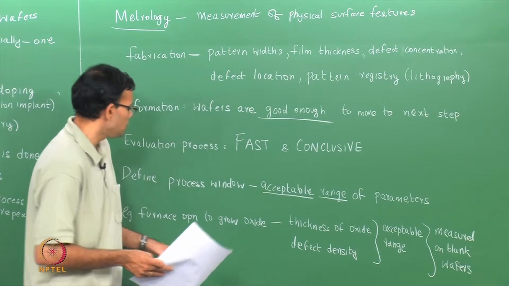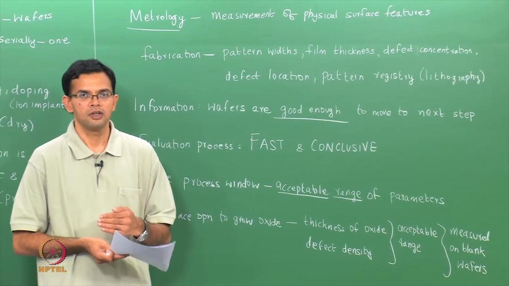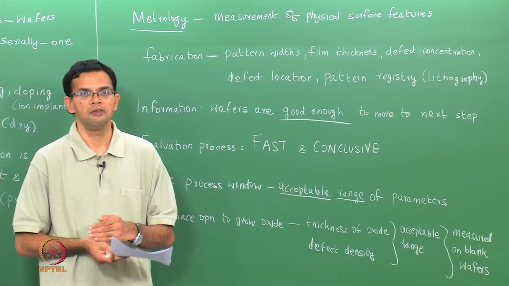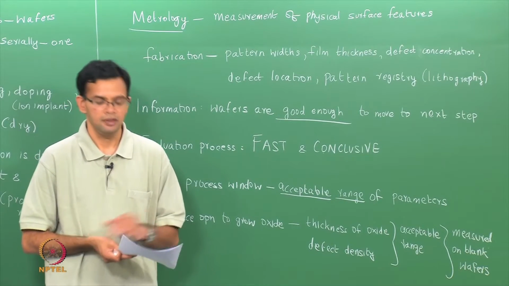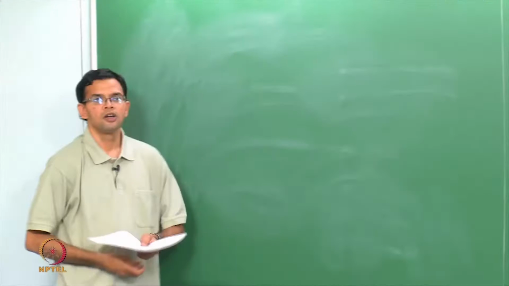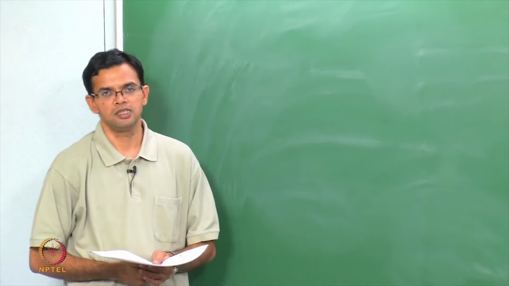So far we have looked at defining a process window. We will now look at some of the process evaluation types, then we will look at each of those in detail. So, what are some of the process evaluations or measurements that are carried out?